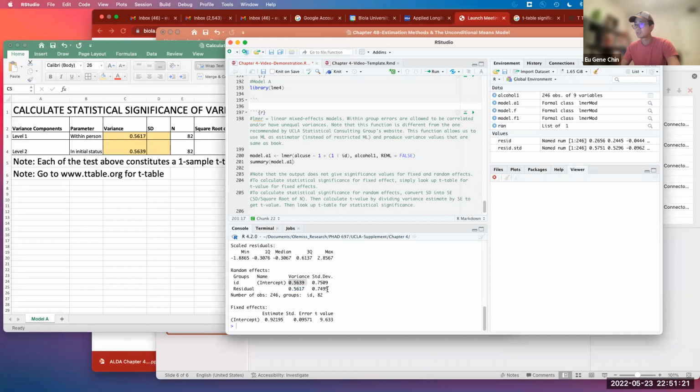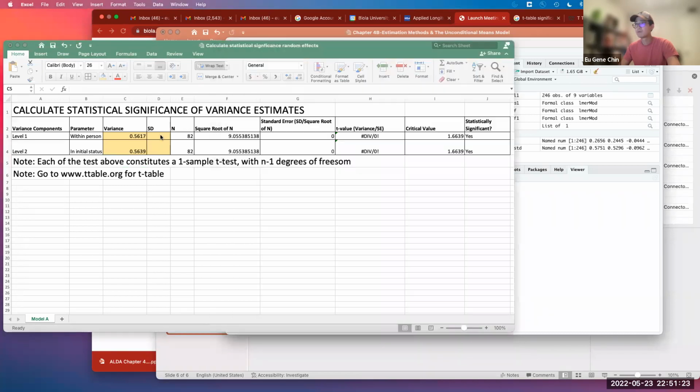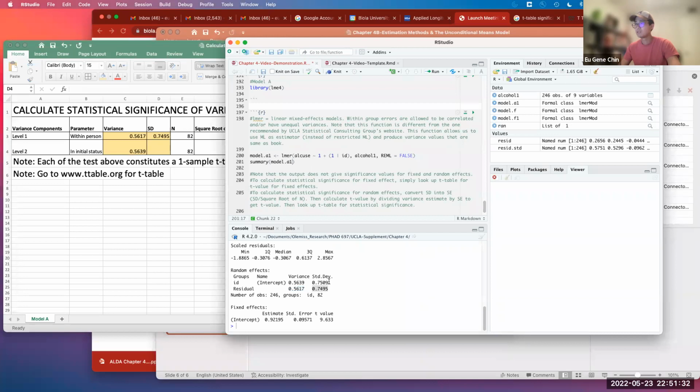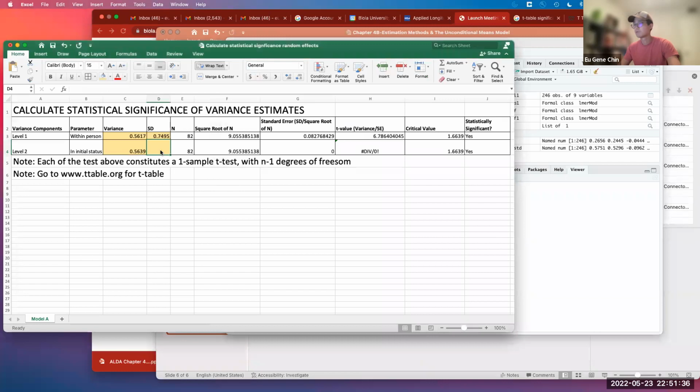The standard deviation is 0.7495, and the standard deviation for the between group variance is 0.7509.